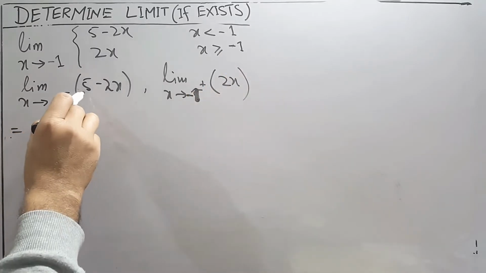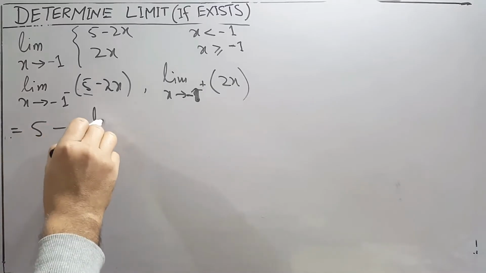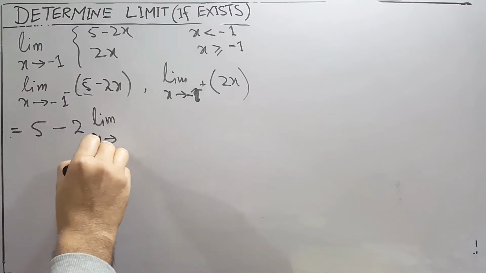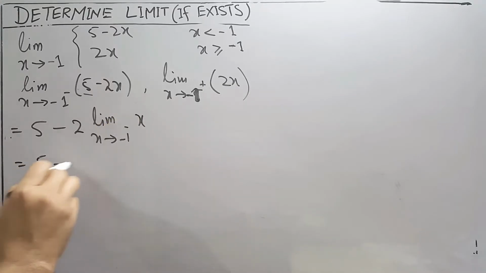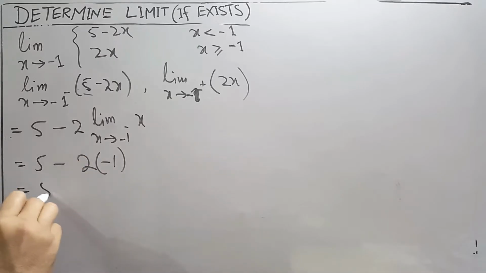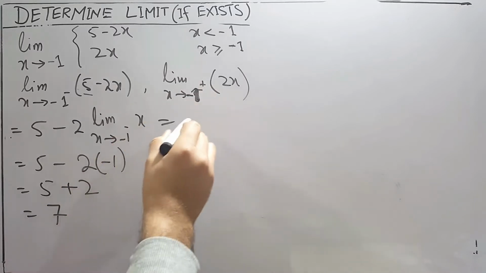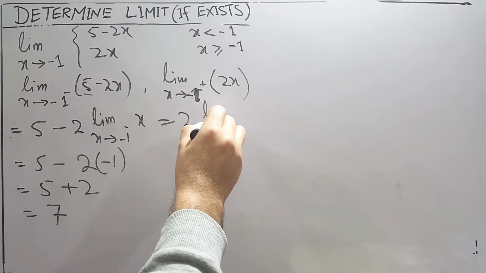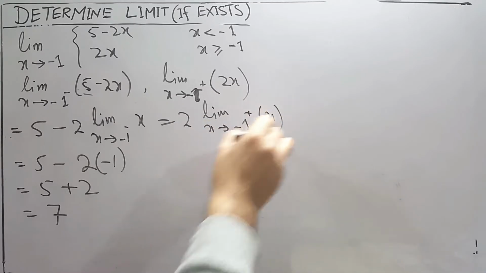So we cannot apply the limit on the constant. We can apply the limit straight away. I'll take the 2 out, and then we can apply the limit on the x, which is minus 1. So 5 minus minus plus 2, and that is 7. If we talk about this one, we take the 2 out, apply the limit.